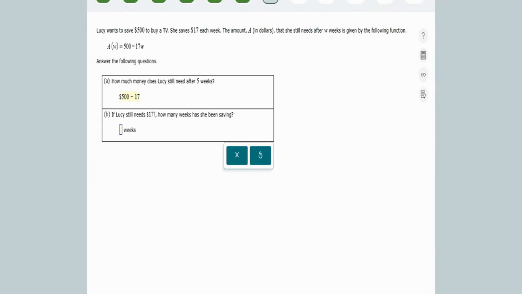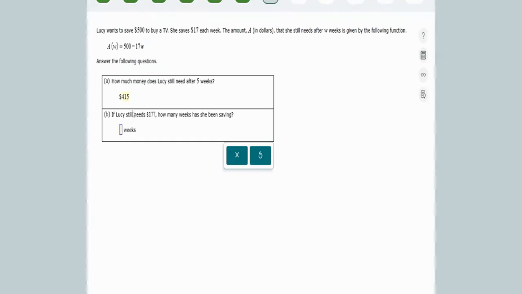And it's not letting me put anything else in there, so it's times by 5, okay? Let's do that on our calculator. 500 subtract 17 times 5, and that equals 415. So after 5 weeks, she still needs $415.